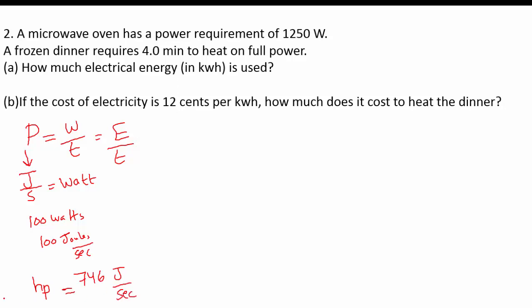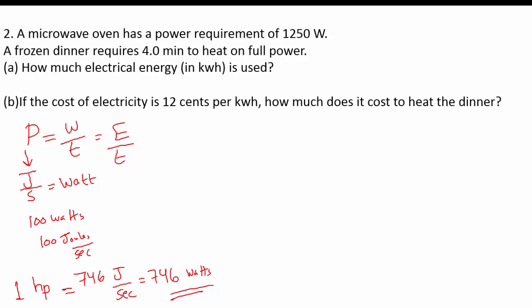So we call this unit 1 horsepower, which is 746 watts. So if you have a machine that has a power rating of, let's say, 10 horsepower, 10 horsepower means 7,460 watts, which means this machine has the ability to perform 7,460 joules of work per second.